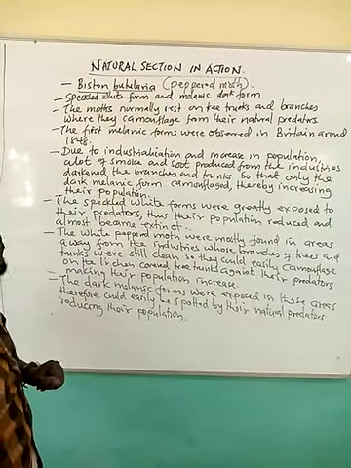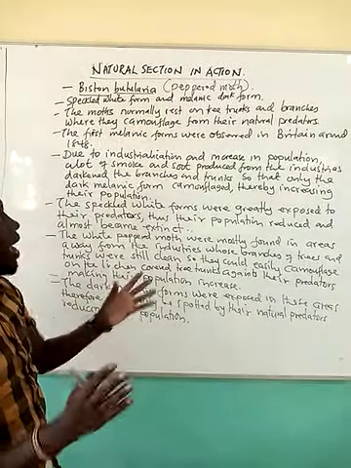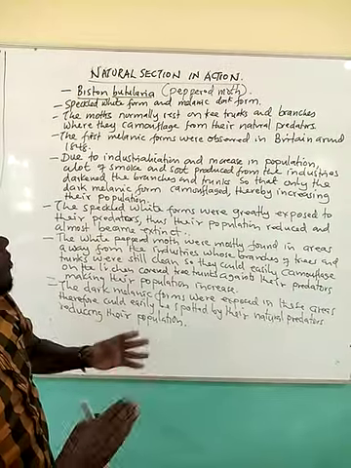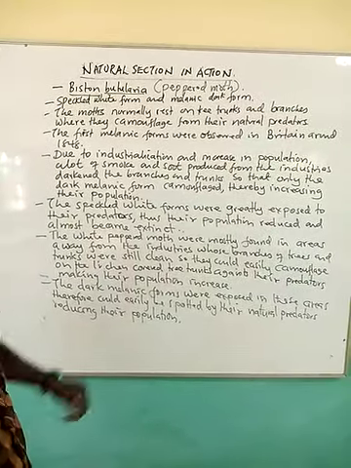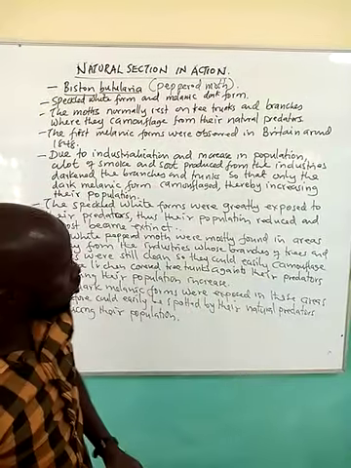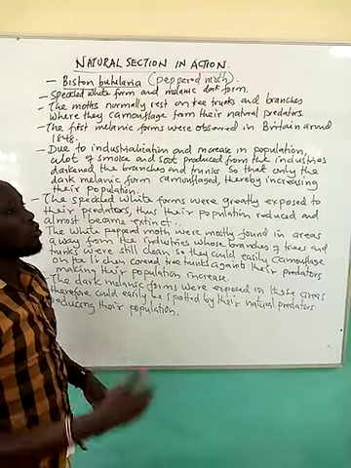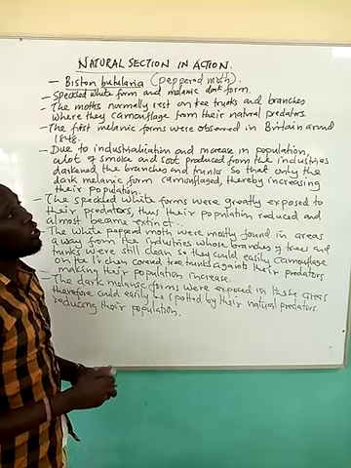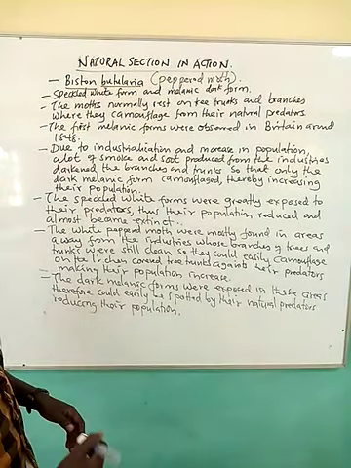And for this case, we are going to look at where specifically the moths always occupy. These moths normally rest on the tree trunks and even the branches of trees. So where they are able to camouflage depending on the nature of that environment.